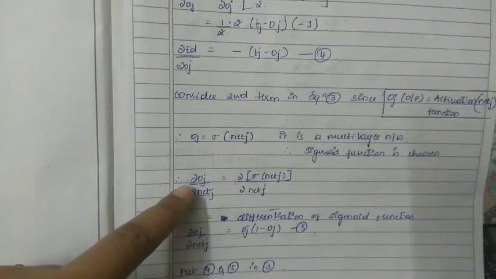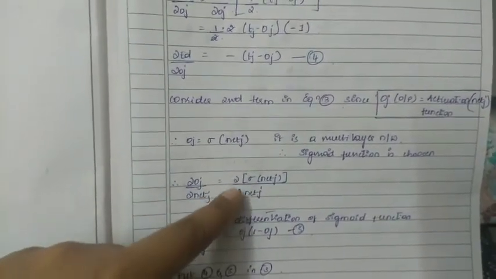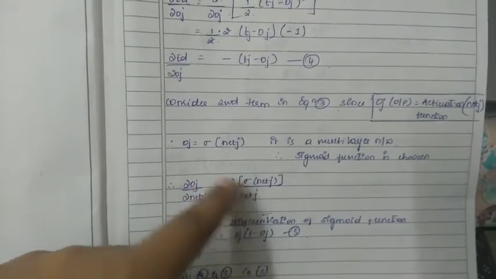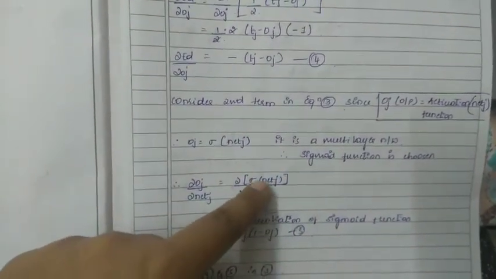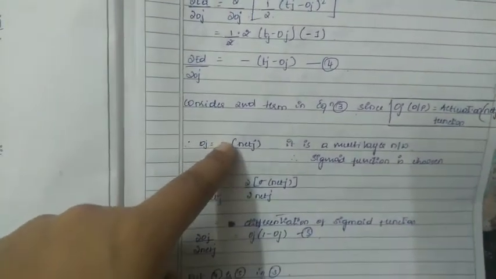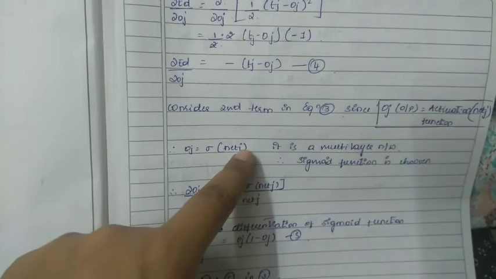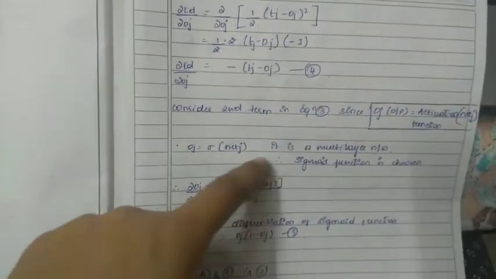So delta Oj divided by delta net J equals the differentiation of, in place of Oj, I'll replace it, delta net J. Why have I written delta net J? Because Oj, that is the output, is a sigmoid function of net. So what is the differentiation of a sigmoid function?